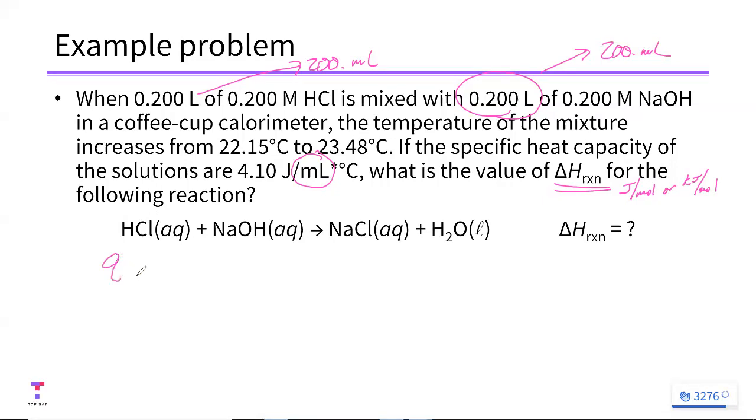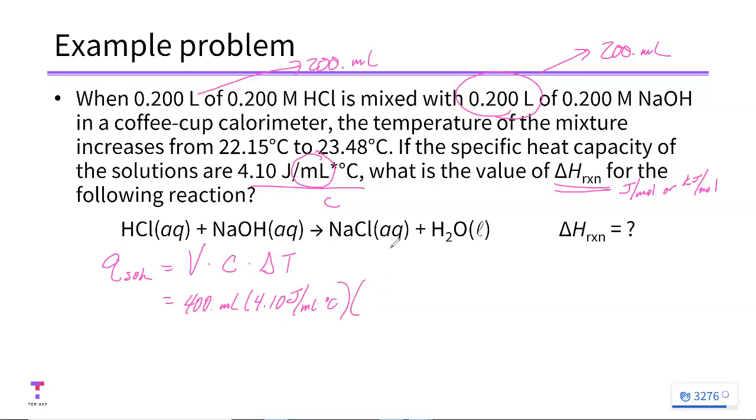So Q of solution is equal to volume times specific heat capacity times delta T. 200 plus 200 is 400 milliliters. The specific heat capacity was 4.10 joules per milliliter degree Celsius.